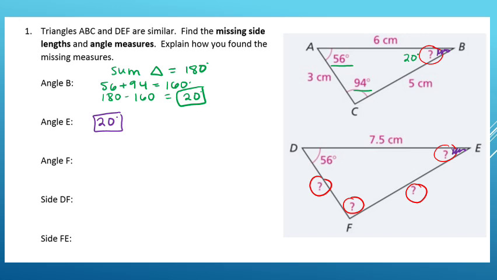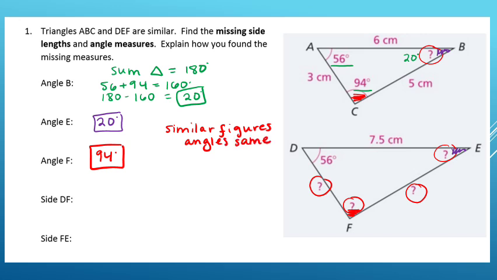Now you're looking for angle F. Again, angle F has a corresponding angle in the previous shape, angle C. And so again, I'm going to just pull that corresponding angle directly there, 94 degrees. So remember, when I have similar figures, their angles are the same. And so I just need to look directly for those corresponding angles, and I can match them right up.